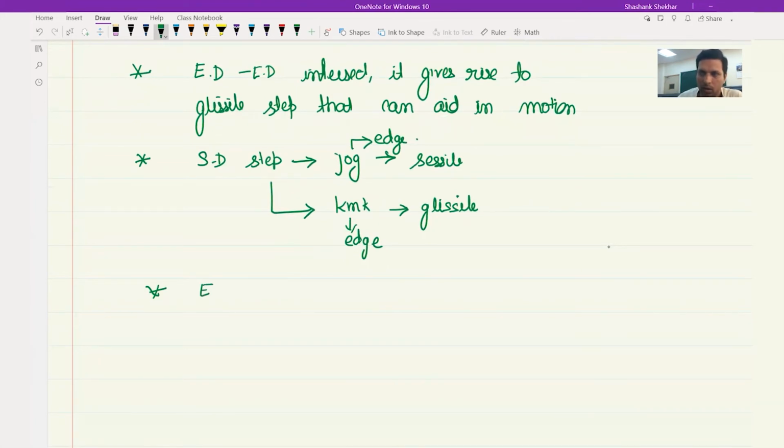Edge dislocations, we have said, are always glissile in nature, but about the nature of the steps, it can be either jog, which has edge character, or it can be kink, which can have screw character.